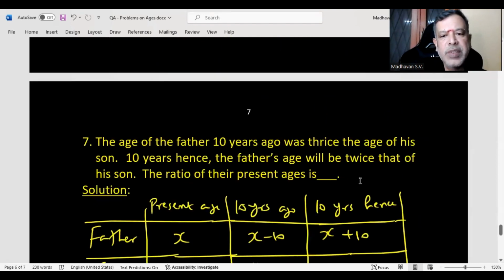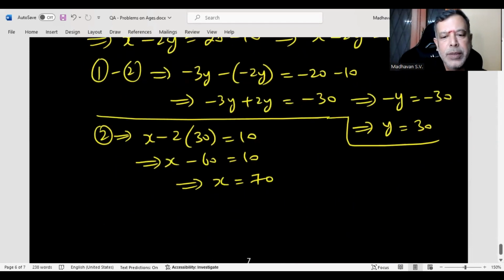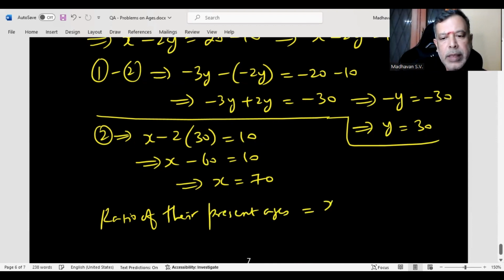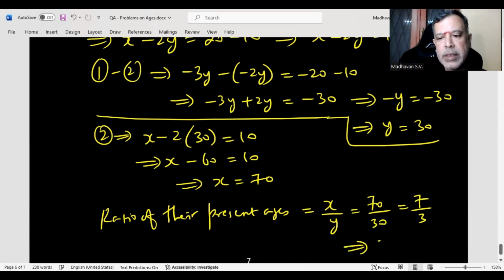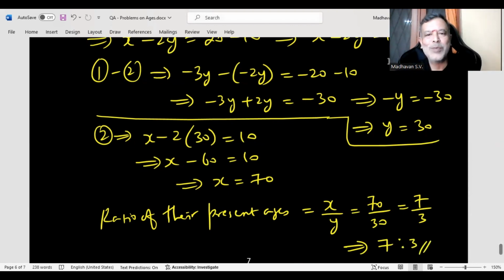The ratio of their present ages means father's age first and then son's age. So, ratio of their present ages is x by y, which is 70 by 30 or 7 by 3, which can be written as 7:3. So that is the solution for this particular question.